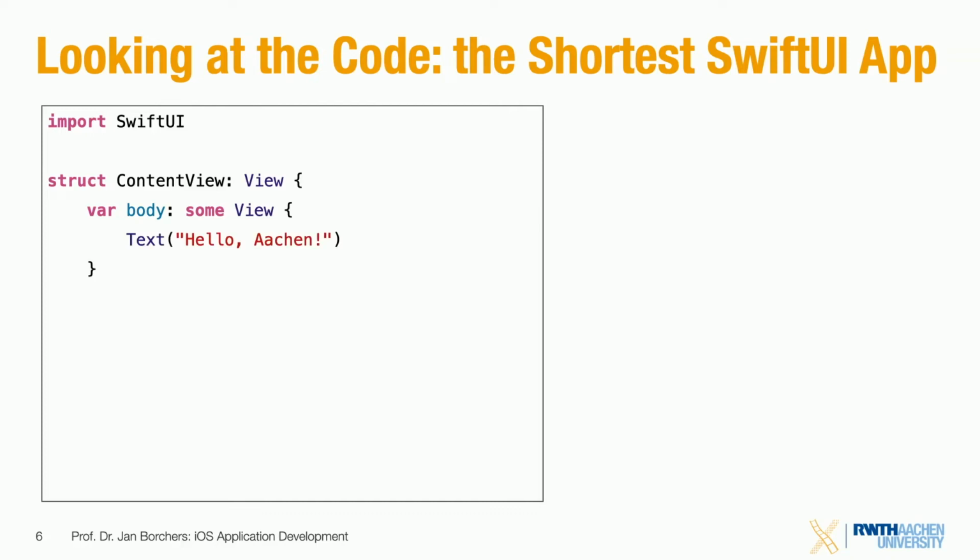So let's look at how the body variable works. What kind of variable is this body here? It's a property, right? But what kind of property is it? The curly braces give it away.